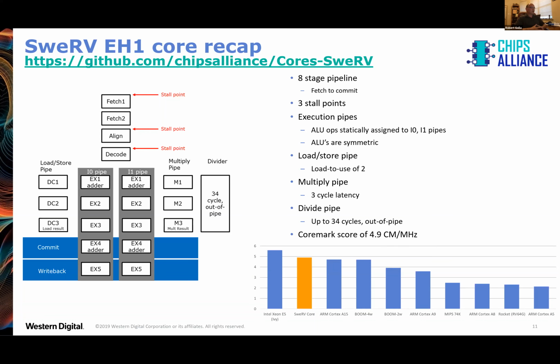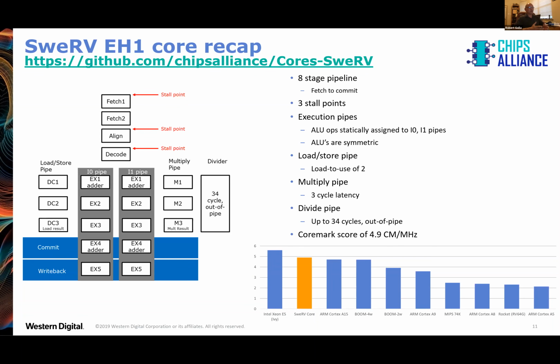Since it's single thread, we do non-blocking loads, up to, it's a build argument, but typically you would have 8 non-blocking loads outstanding at a time to the external bus. In this architecture though, we weren't able to determine we were going to the external bus until DC3, so if you had a dependence behind it, it blocked until that result would come back.